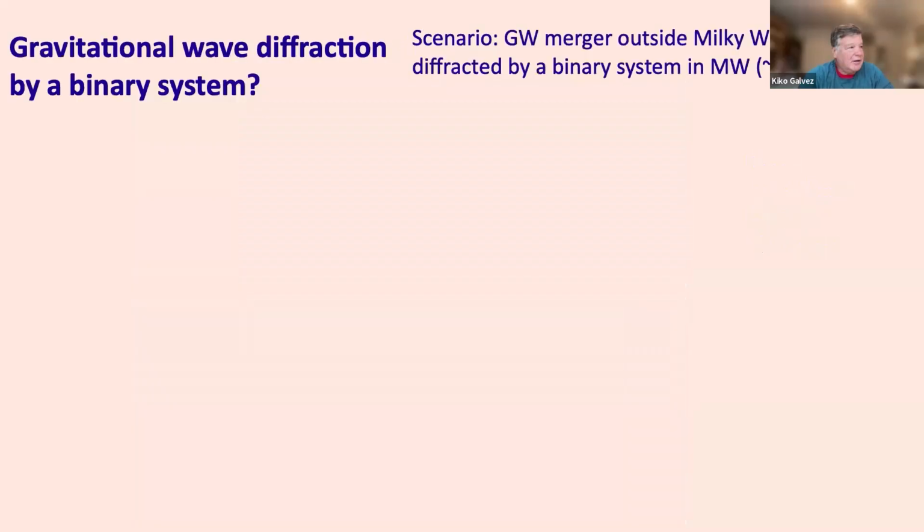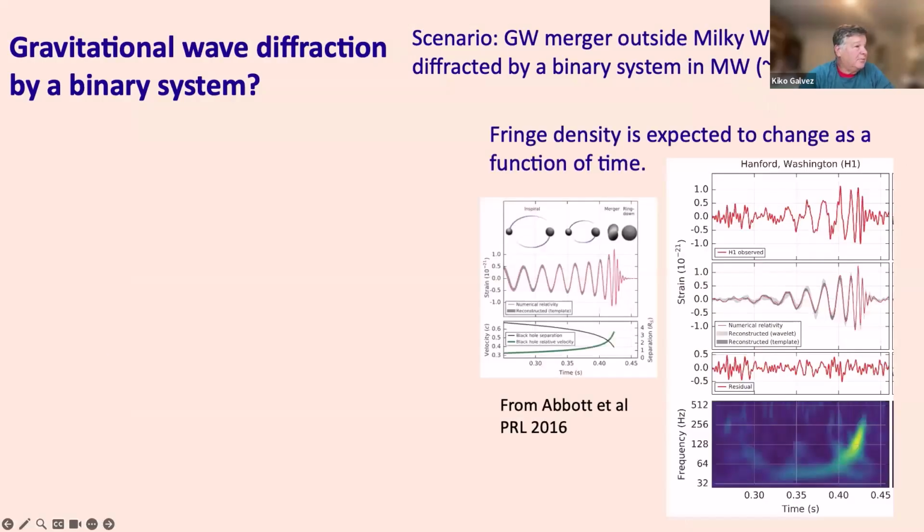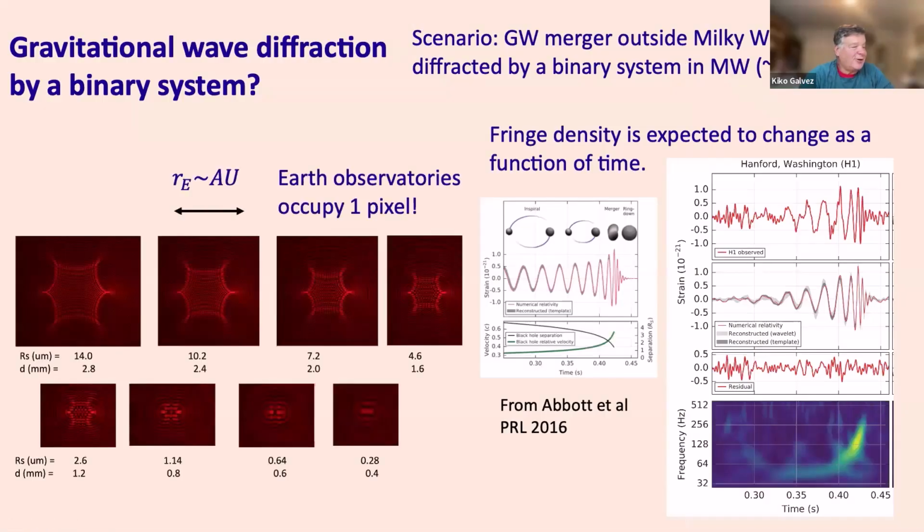So how would that happen? Like I said earlier, there's a lot of binary stars in the Milky Way, and oh, they came in the wrong order. Okay, I wanted to show the left side first.